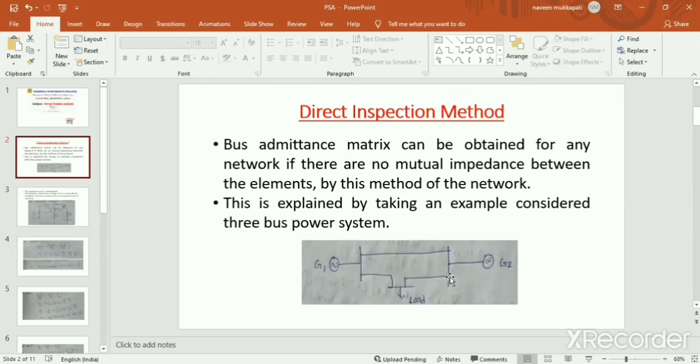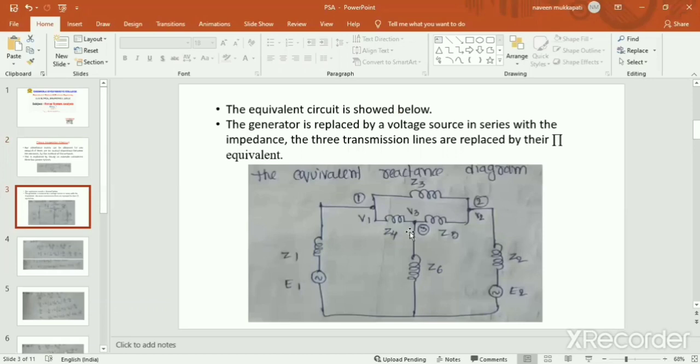In total we have 3 elements: bus 1 to bus 2, bus 1 to bus 3, and bus 2 to bus 3. These elements are represented by the equivalent reactances Z3, Z4, Z5.